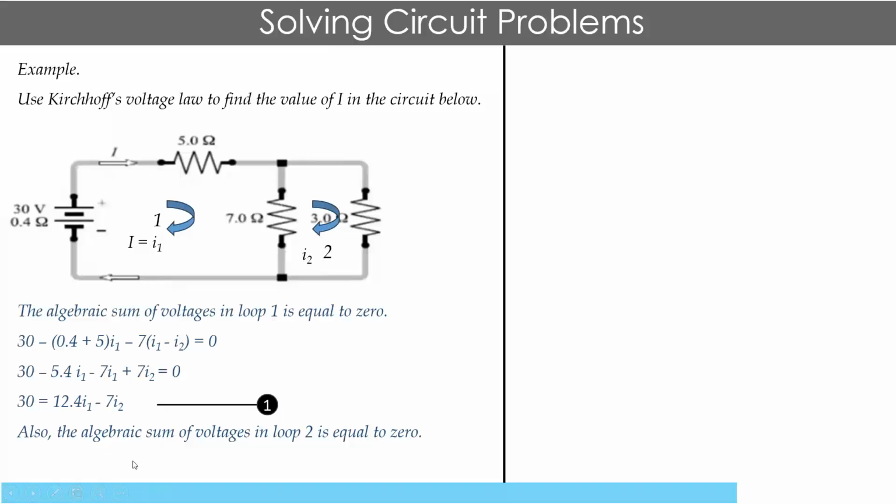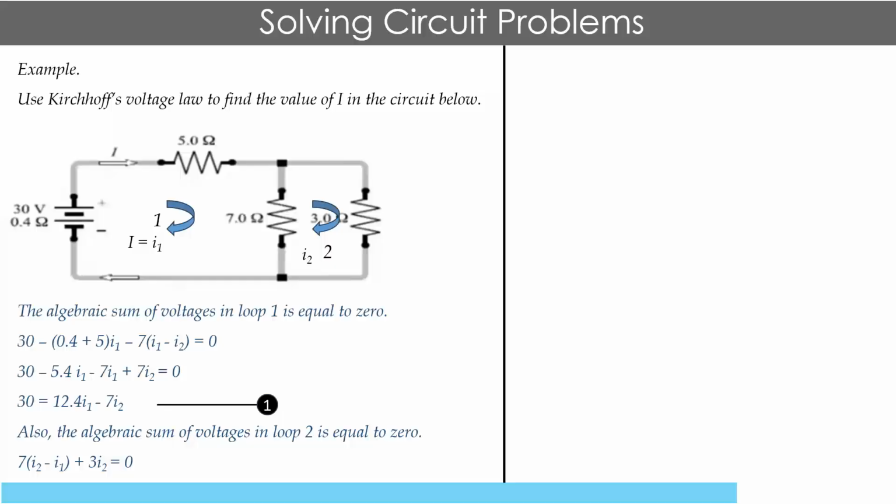If we arrange that, we have 7(I2 minus I1) plus 3I2 is equal to 0. Remember, it was supposed to be 7(I1 minus I2). If I move it across, I can change I1 minus I2 to become I2 minus I1. So it becomes 7(I2 minus I1) plus 3I2 is equal to 0. It's the same thing, just with the signs changed.